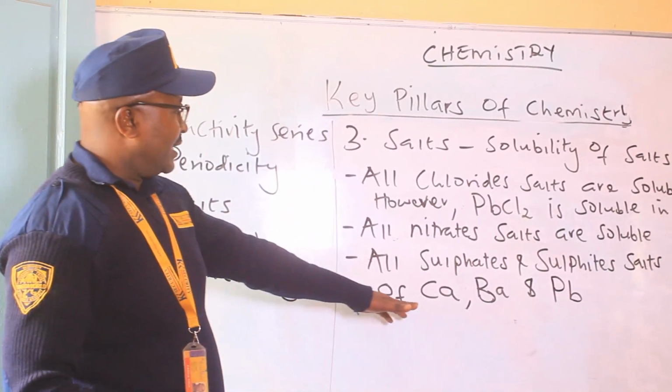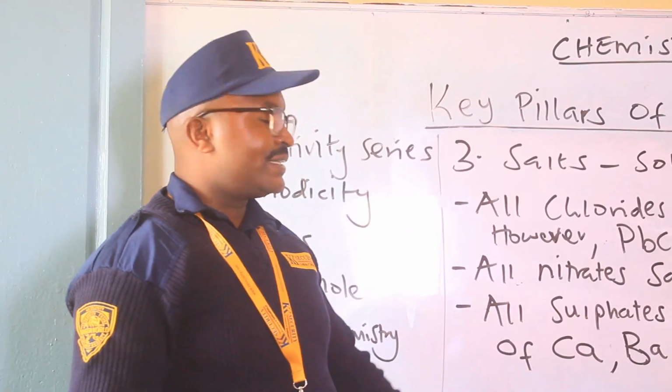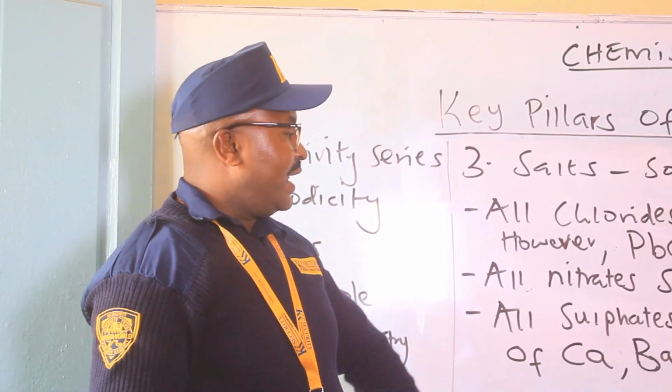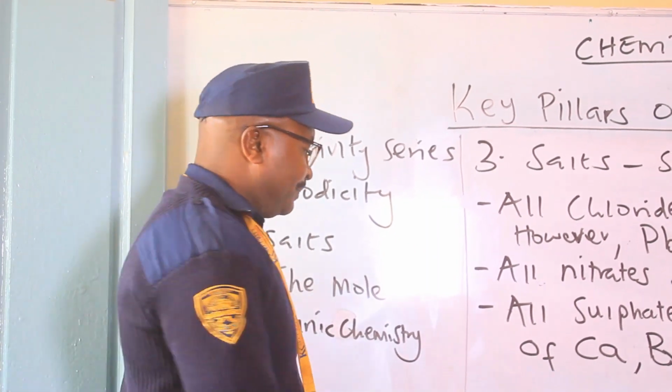So if you have calcium sulfate, that one is an insoluble salt. If you have barium sulfate, it's an insoluble salt. And if you have lead sulfate, that's also an insoluble salt.